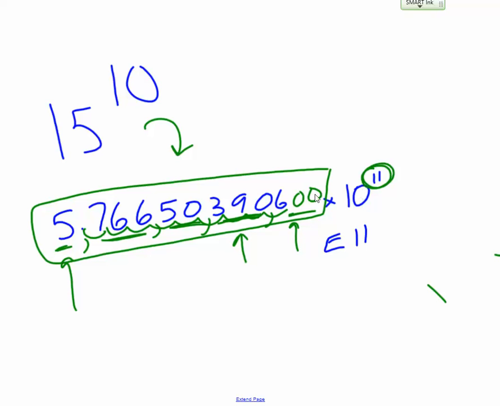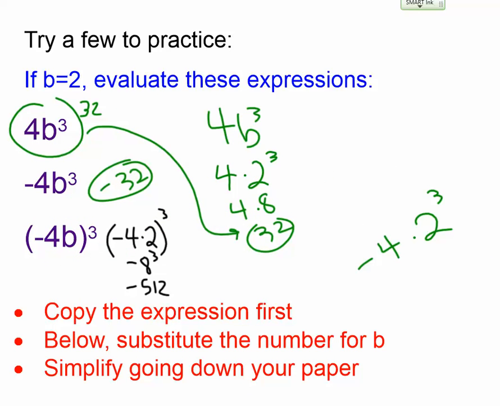So you'd have to move the decimal from what you saw in your calculator 11 times to the right. That's what that 11 means. So we had to tack on 2 zeros to get the real standard number for 15 to the power of 10.